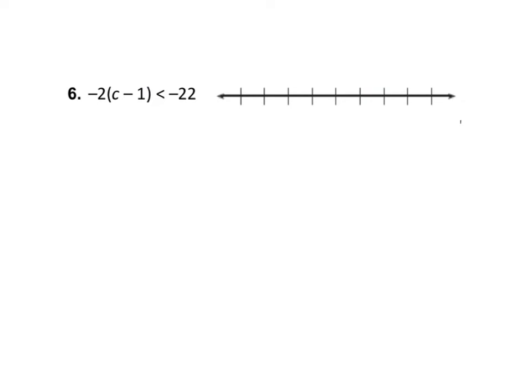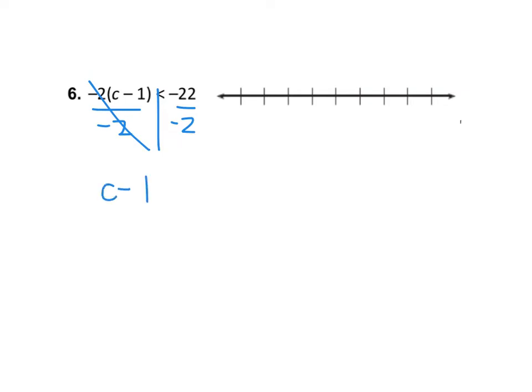All right, let's take a look at our next one. We have negative 2 times c minus 1 is less than negative 22. We can do this one of two ways. Either I could distribute that negative 2, or, because this negative 2 is multiplying that c, I'm going to just divide by negative 2 on both sides. Now, if you can remember from before, when you multiply or divide by a negative, you have to then flip your sign.